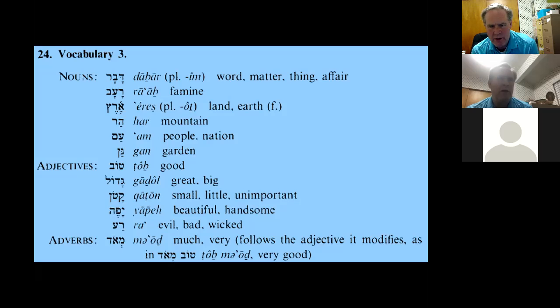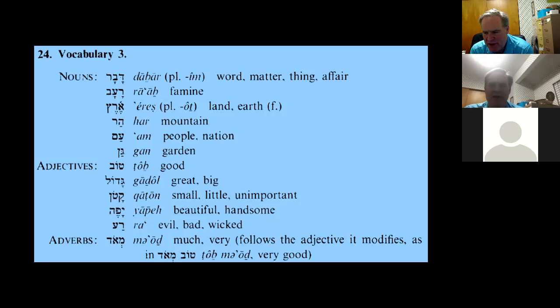That's the mountain, har. The word for people or nation is not am, but goy. The word for garden is gan, like gone with the wind if it blew away, gone. And those are all nouns. And again, nouns are either feminine or masculine. Most of those are masculine there.